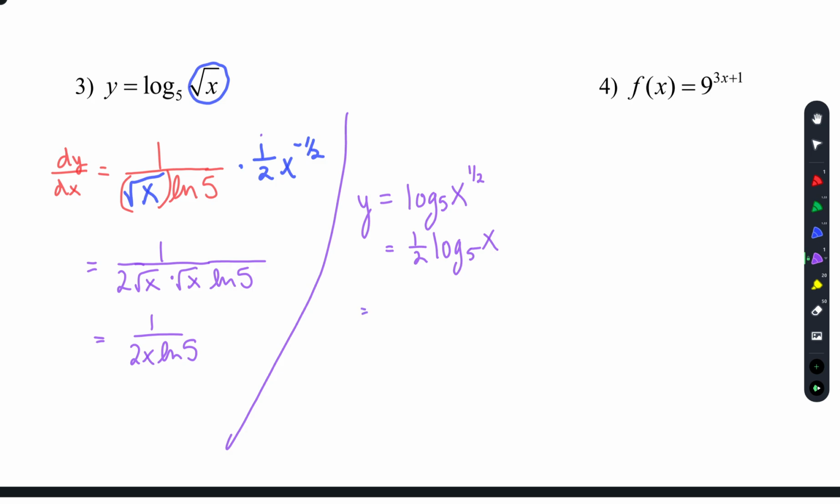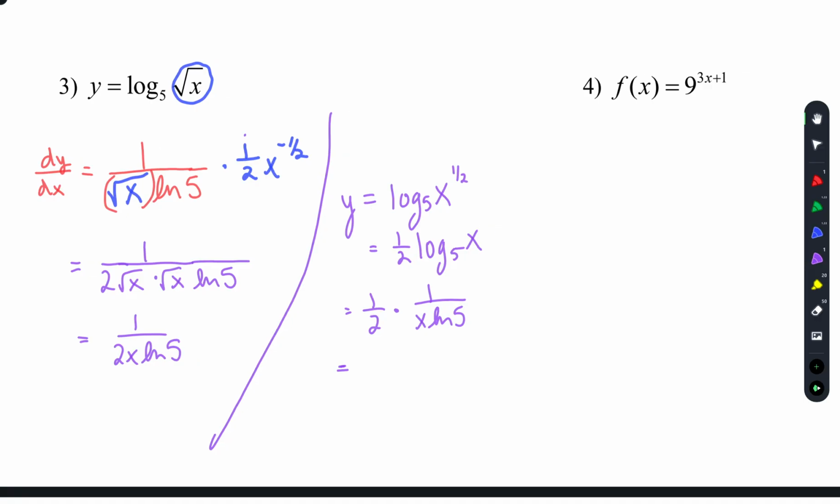So you basically get 1/2 times 1 over x natural log 5, and there it is. So that's a little faster. But if it wasn't root x, say it was something weirder, you'd have to do it the other way. So it kind of depends.